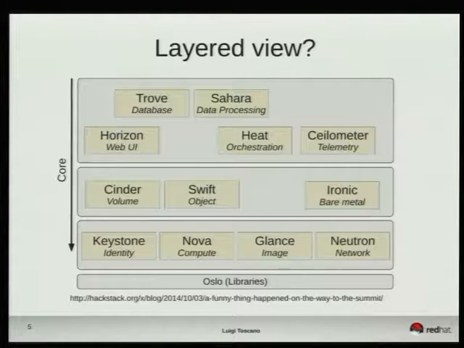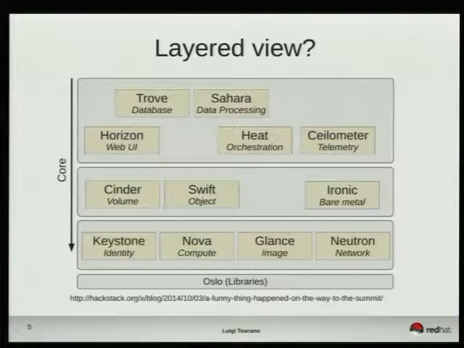We have still core, but slightly less important components like Cinder for volume management, Swift the object storage, Ironic for bare metal, which could be maybe a bit core, but still not at the same importance as Nova. And then we have a set of other components which are less core.